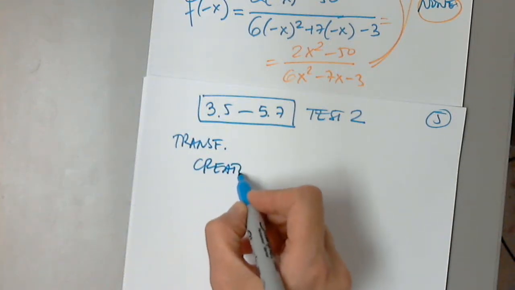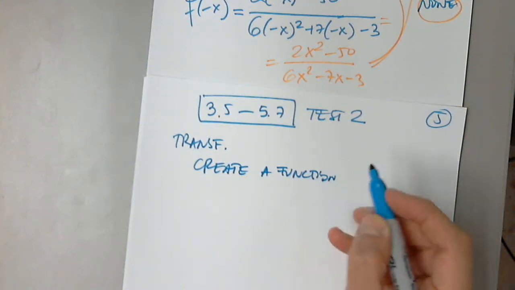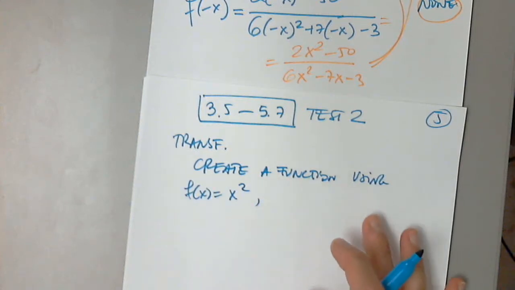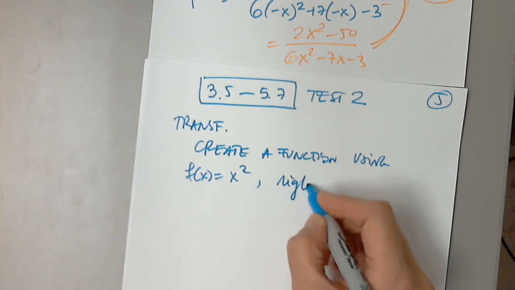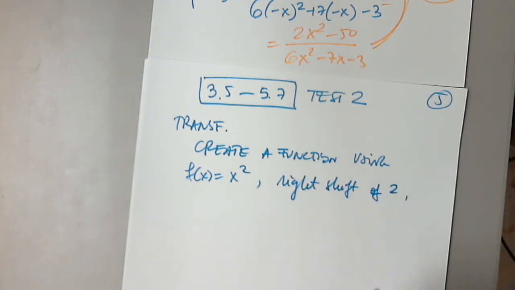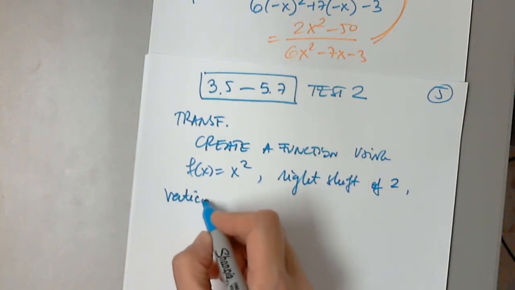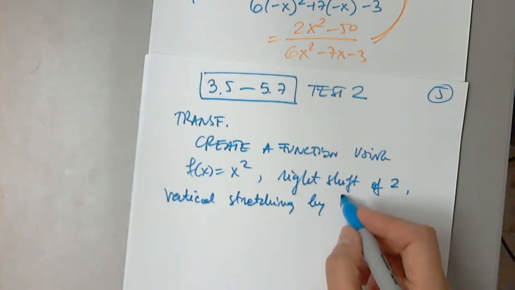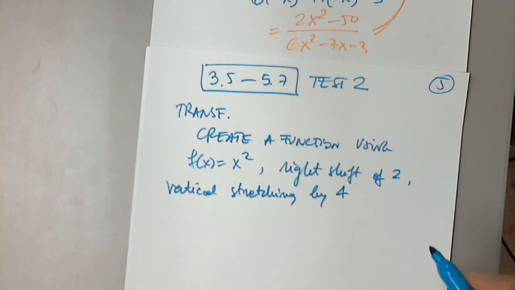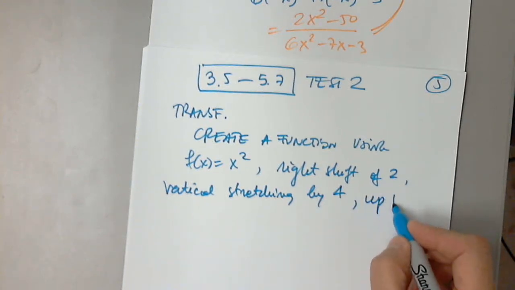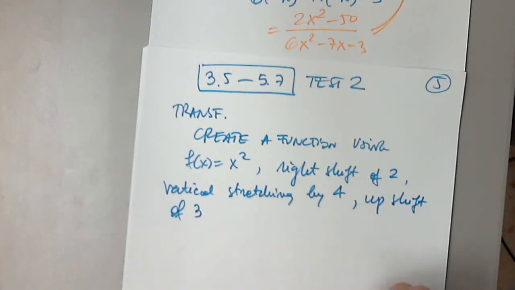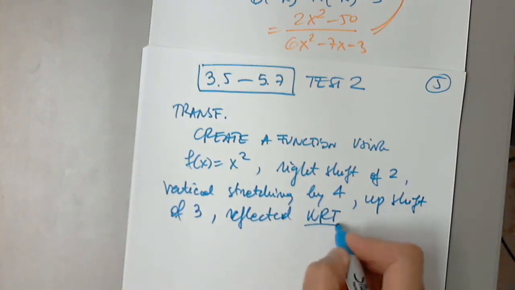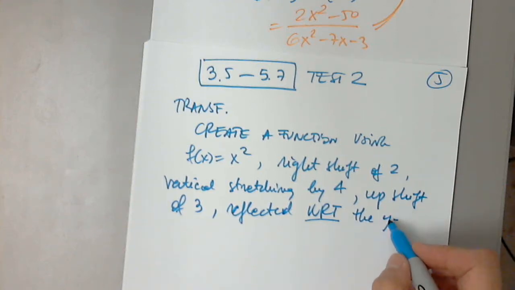Create a function using f of x equals x squared, right shift of 2, vertical stretching by 4, upshift of 3, and reflected with respect to the x-axis.